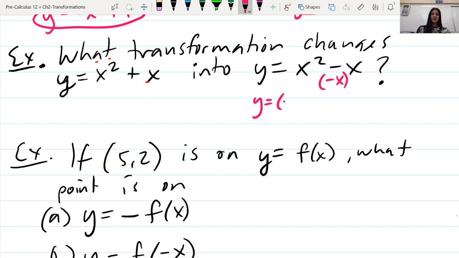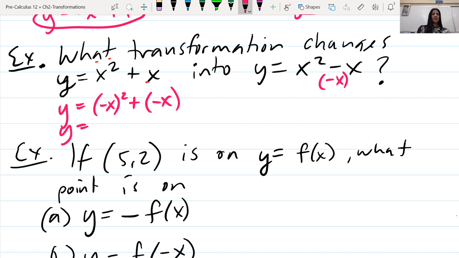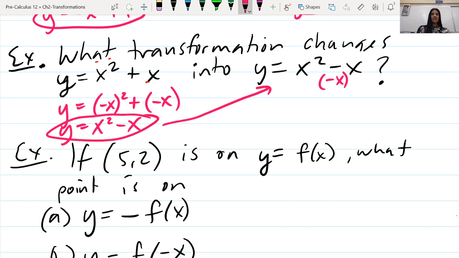Let's do that to the original. Y equals negative x squared plus negative x. Y equals, well, negative x squared is just x squared, minus x, which is what this new one looks like. So yeah, plugging in a negative x is true.